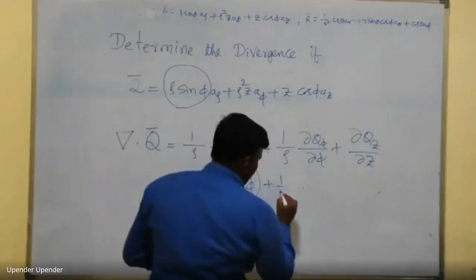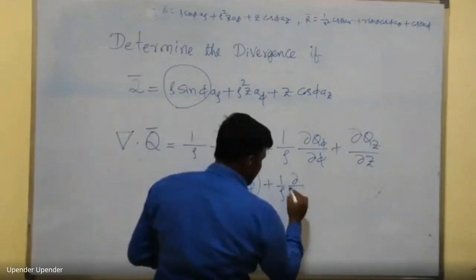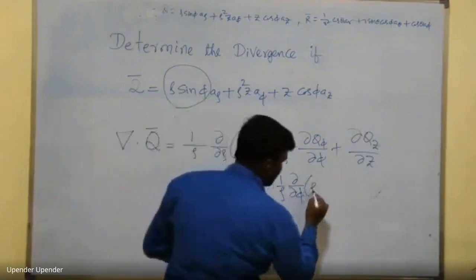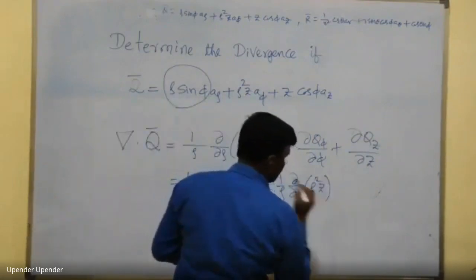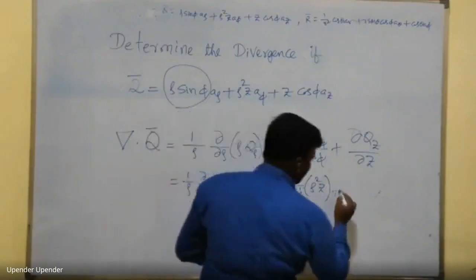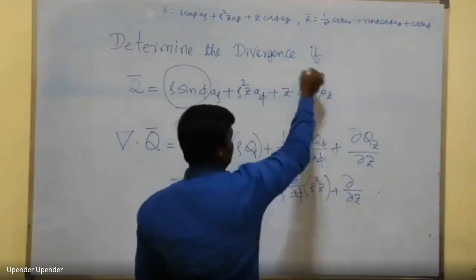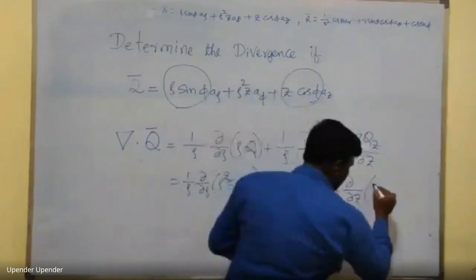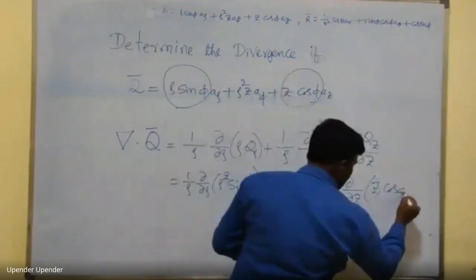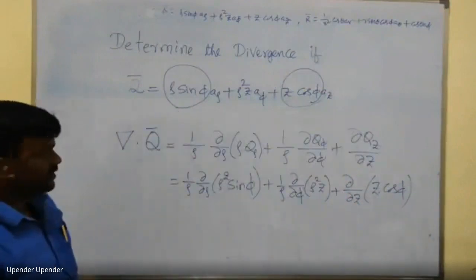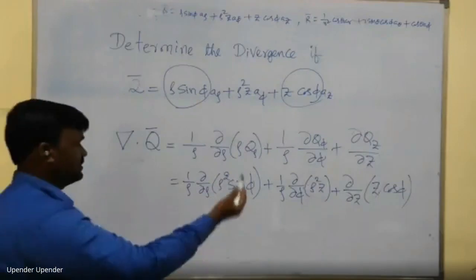Plus 1 by rho dou by dou phi of Q phi, which is rho square z, plus dou by dou z of Qz, which is z cos phi.